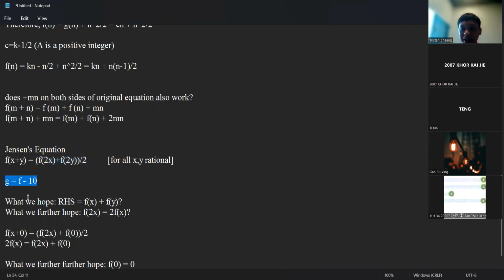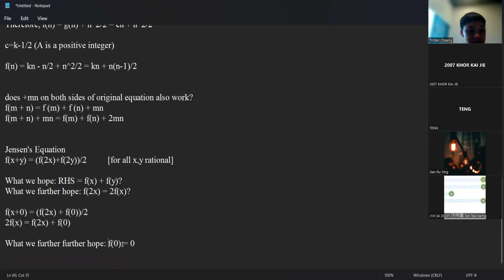So by shifting, you can always get a new solution. So f(0) equals 0 is not something that we need to hope, but we need to force.